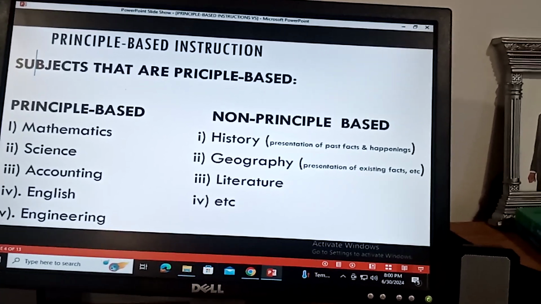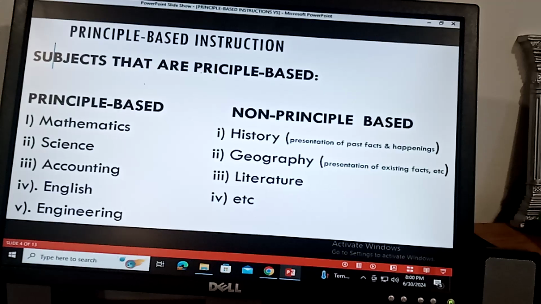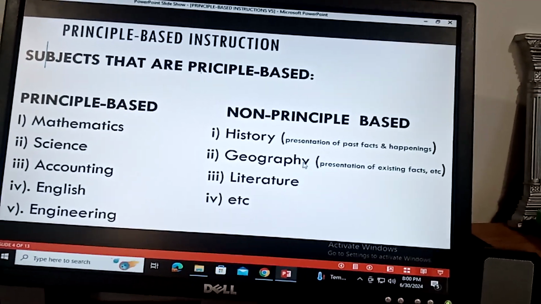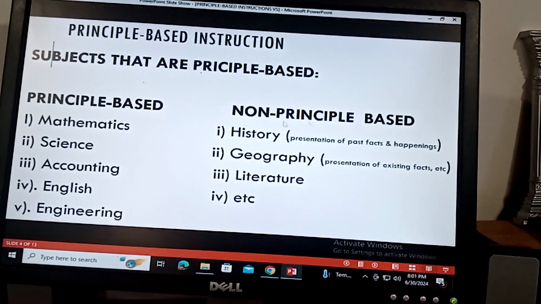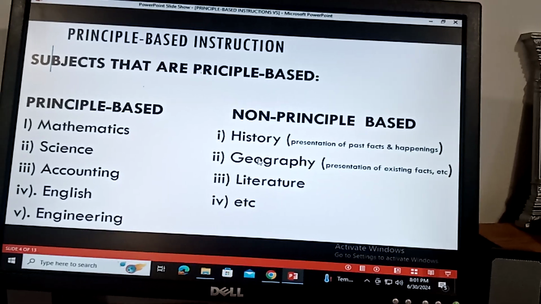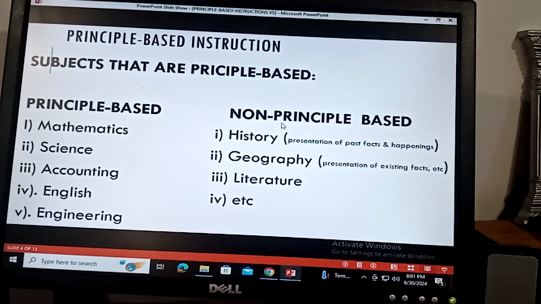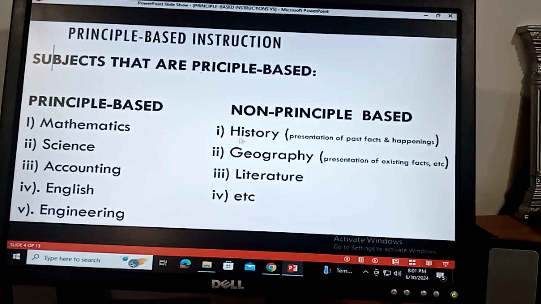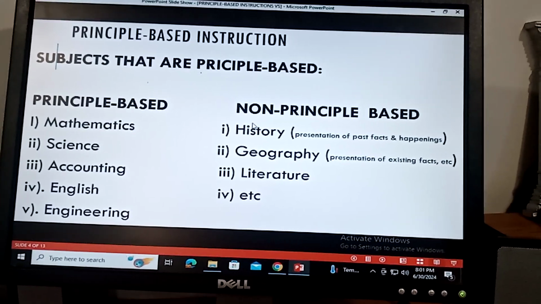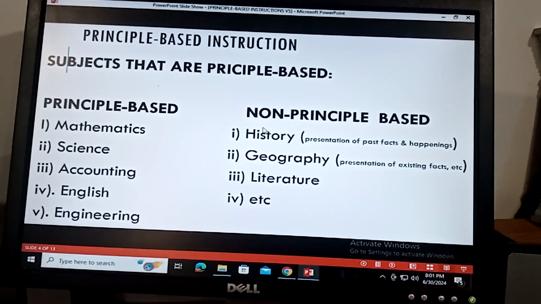These are some of the examples of subjects that are based on principle-based teaching. Now let's take a look at some of the disciplines that are not principle-based. For example, history is not, because history entails presentation of past facts and happenings.